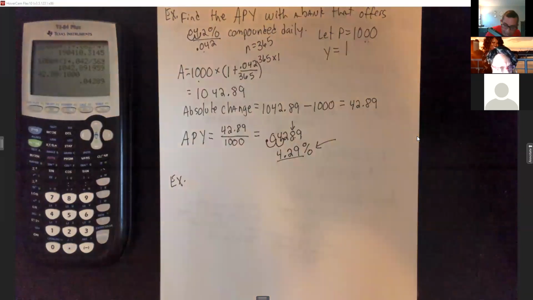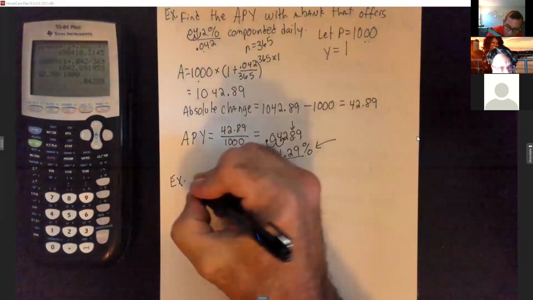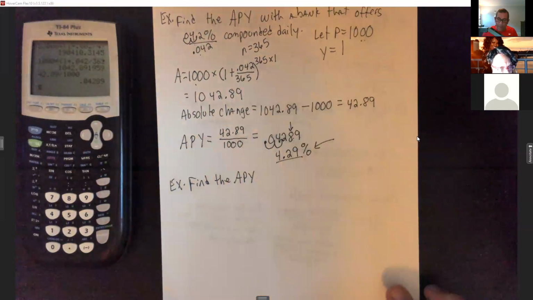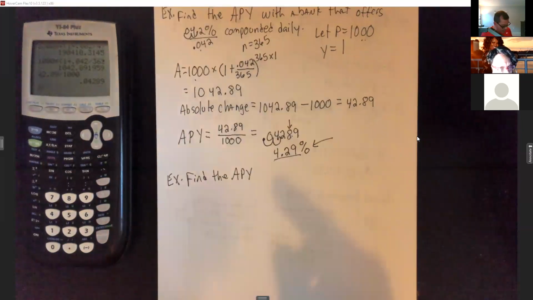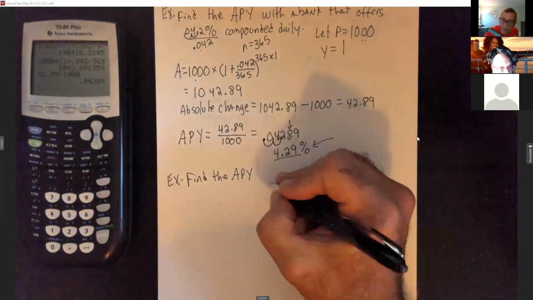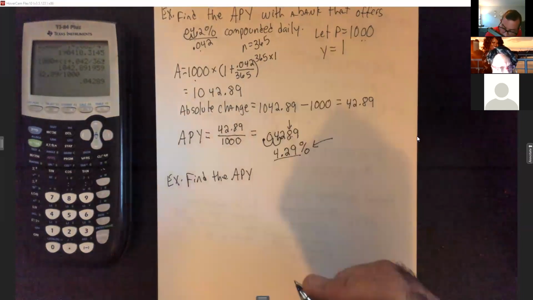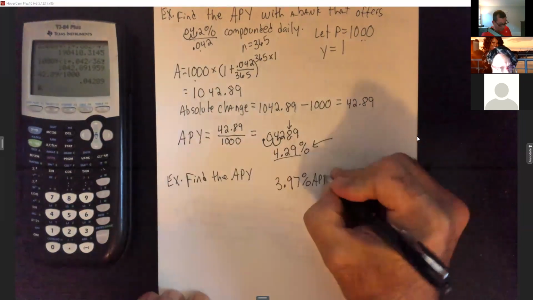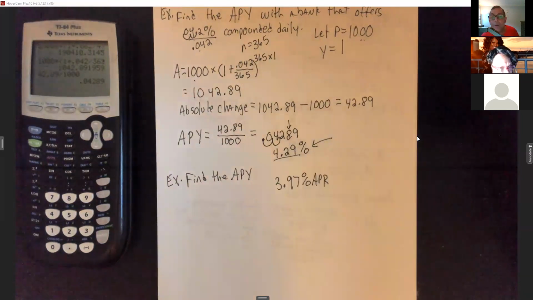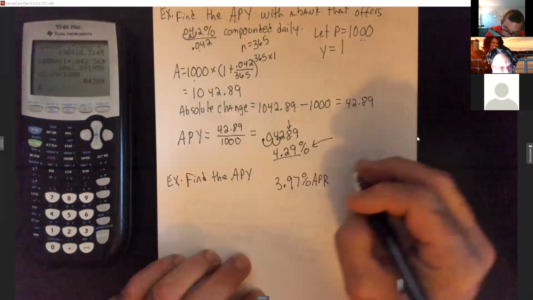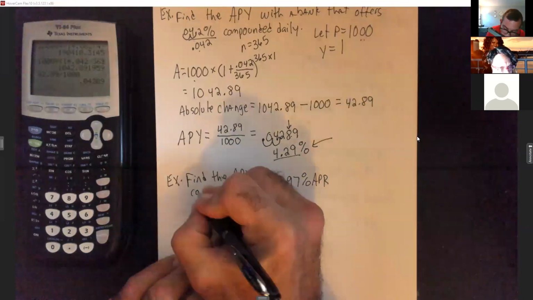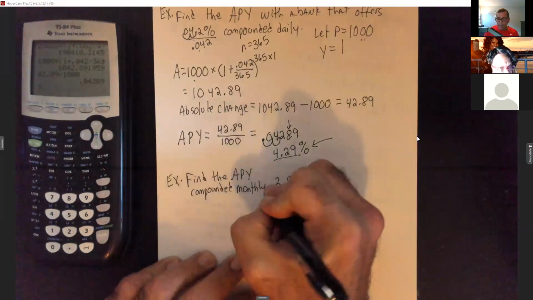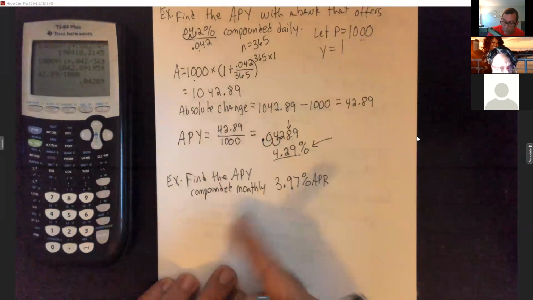All right, same thing. We're going to find APY. Okay, this bank is going to have APR is 3.97%, compounded monthly. So monthly means my N this time would be 12.